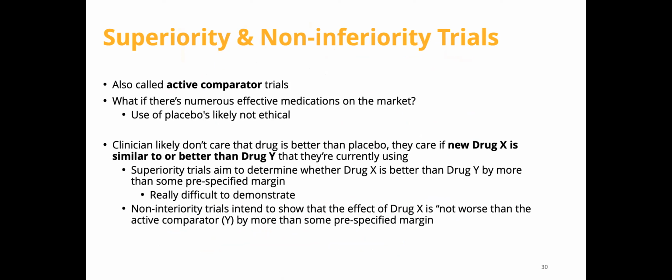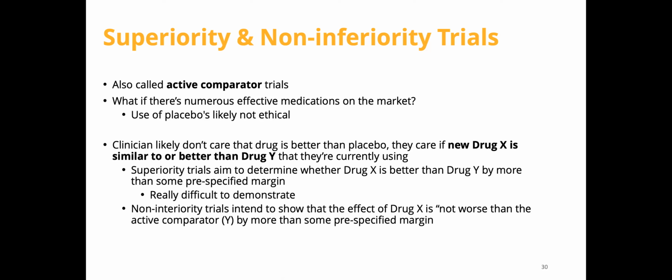Another type of randomized controlled trial are called superiority and non-inferiority trials. They're also called active comparator trials. This addresses the situation where there are many effective medications on the market to treat a particular disease or condition. Use of placebos probably isn't ethical.